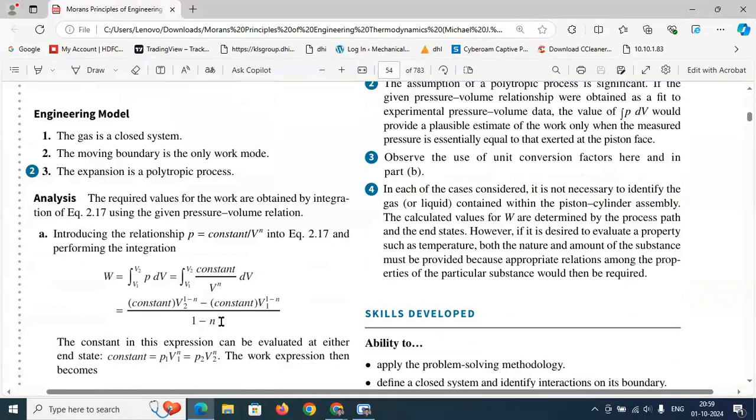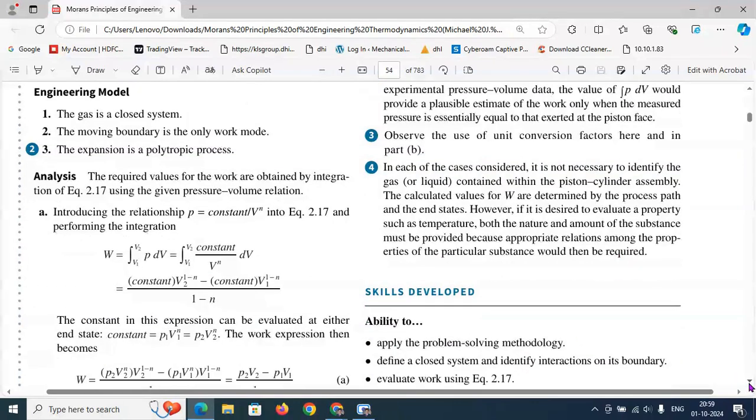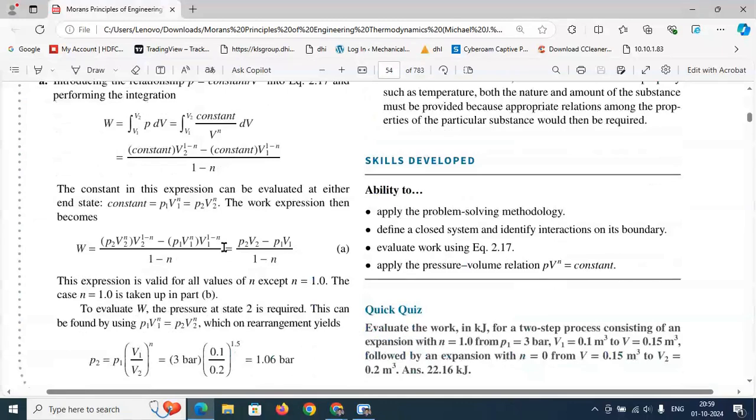If you write this value in equation form, what will we get? We will get the final equation like this. So here in the problem itself, they have derived the equation to show students how work done in the polytropic process can be written as P2 V2 minus P1 V1 divided by 1 minus n after derivation. So simply what they will do now, they will substitute all the values.